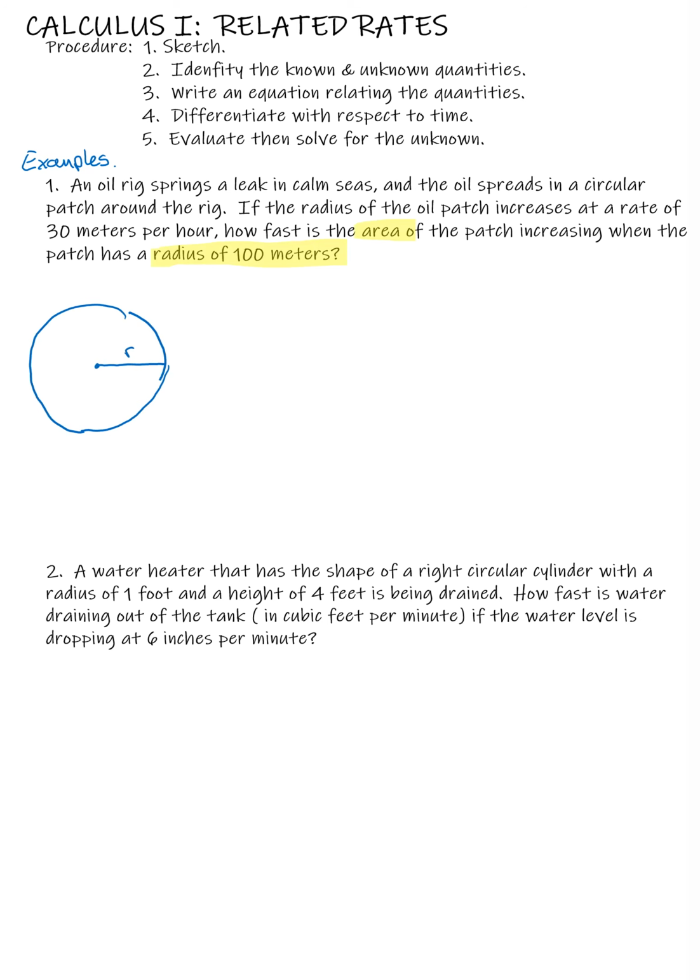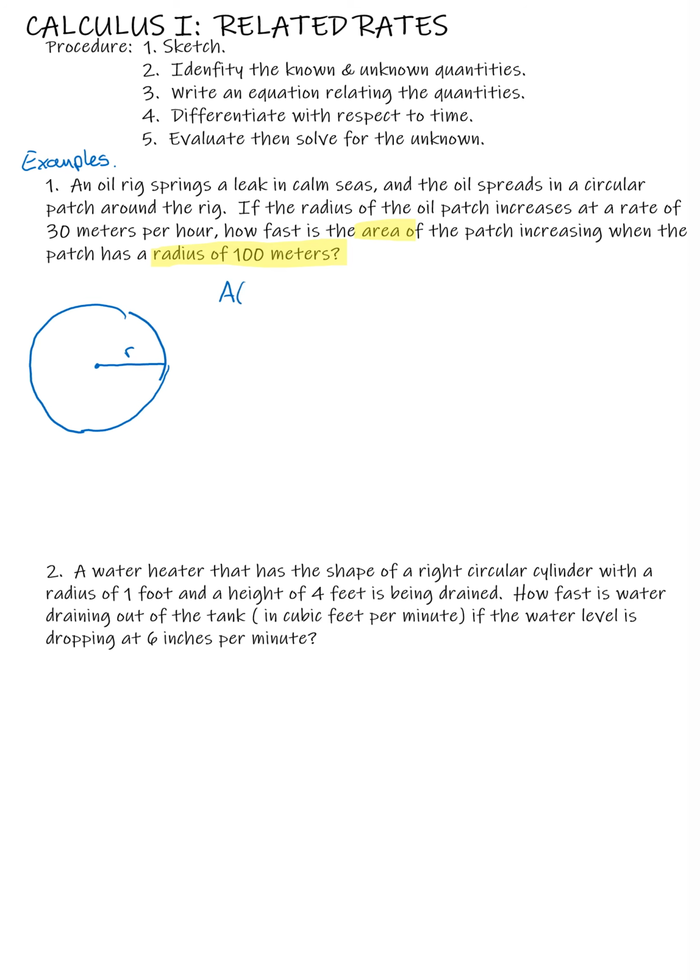We're looking at area. So area and radius are unknowns. We want to relate these. Of course, we do know that the area of a circle is pi r squared.